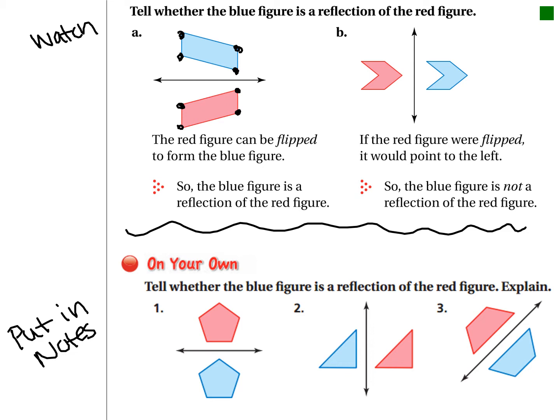All right, B, this one would have to go over here if we reflected over this line. So this one, nope, not a reflection. They don't match up. If we were to fold it, we didn't stamp it. This actually just got moved, which is a translation. We just talked about that last week.